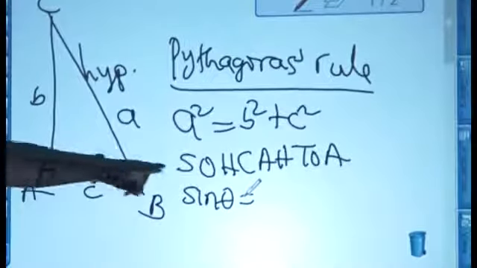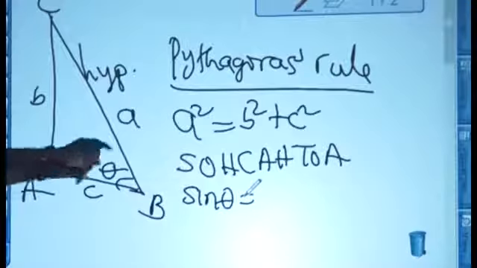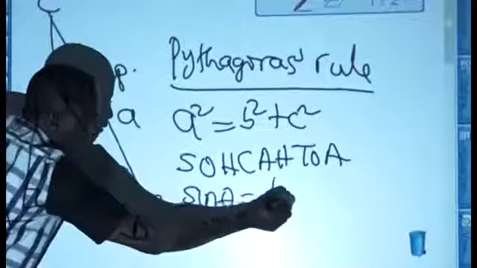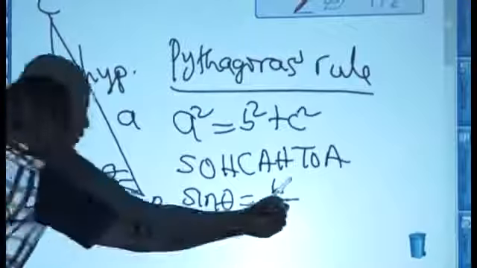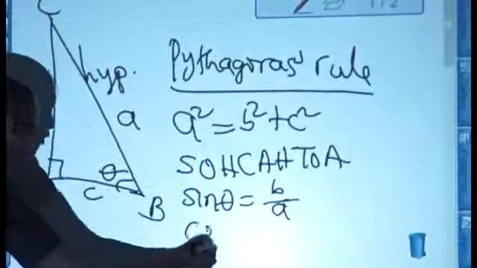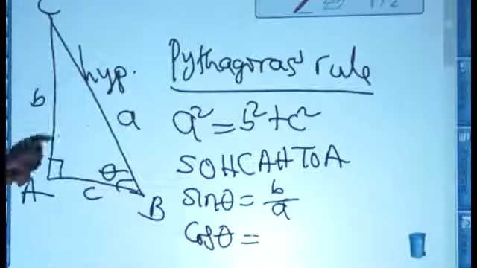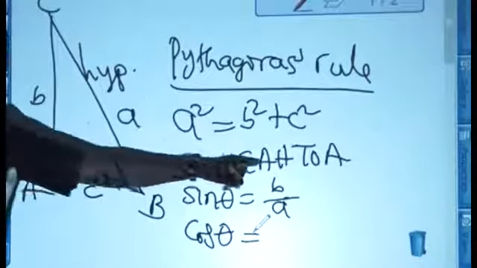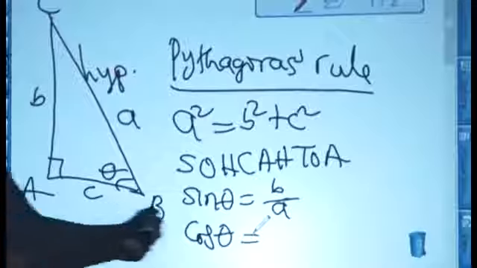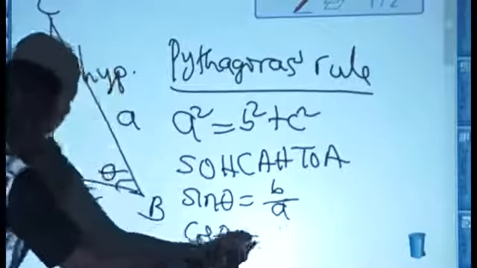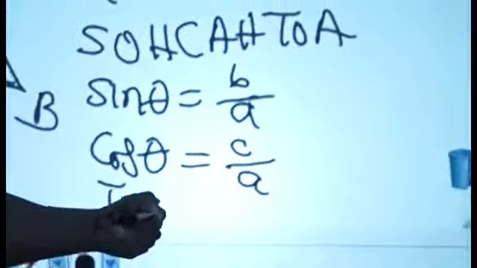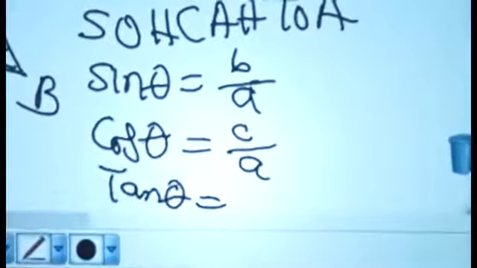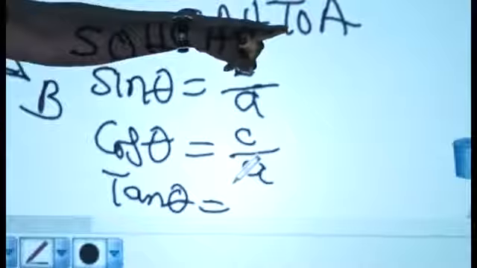O means opposite, H means hypotenuse, which is B all over A. Then we have cos theta, which is CAH. A means adjacent, H means hypotenuse, which is C all over A. And tan theta, which is TOA. O means opposite and A means adjacent.